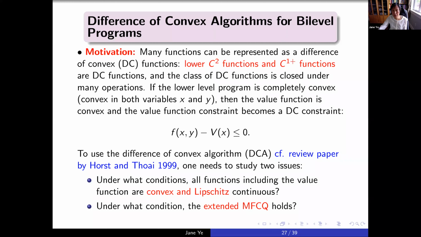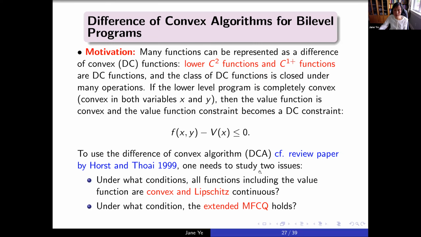If the lower level problem is completely convex, which means convex in both variables x and y, then the value function is convex. And so this constraint becomes a DC constraint, because F we assume is convex, and V of x is now convex. So this is a difference of convex function, and we can then use the difference of convex algorithms.